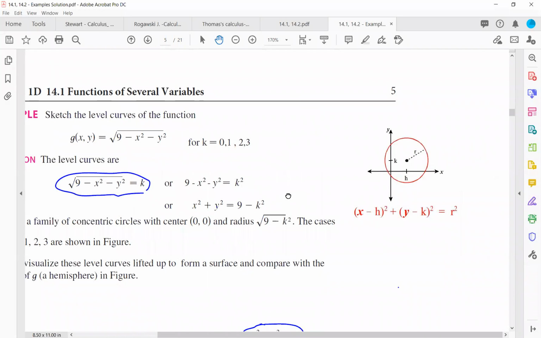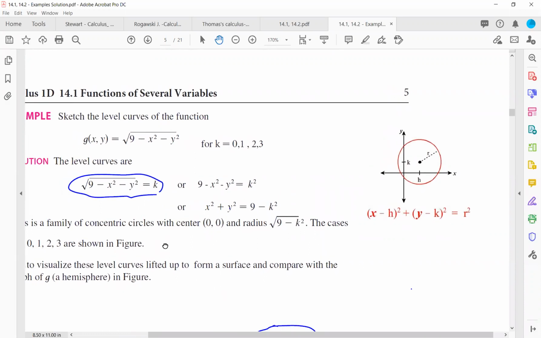If you remember the equation of a circle, (x minus h) squared plus (y minus k) squared equals r squared is the equation of a circle with center at (h, k) and radius r. So if you compare these two equations, you see this is the equation of a circle centered at the origin and the radius is the square root of 9 minus k squared.